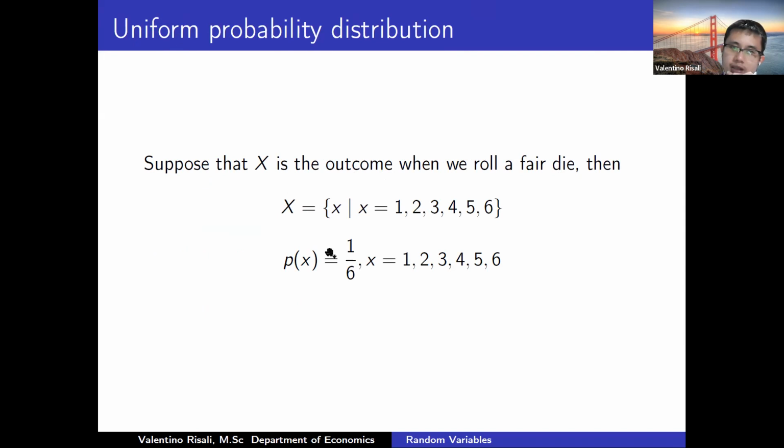As we saw before, the probabilities of all X are equal. That is 1 divided by 6, equal for all values of little x. Now, because the probabilities are the same, we call it the uniform probability distribution.